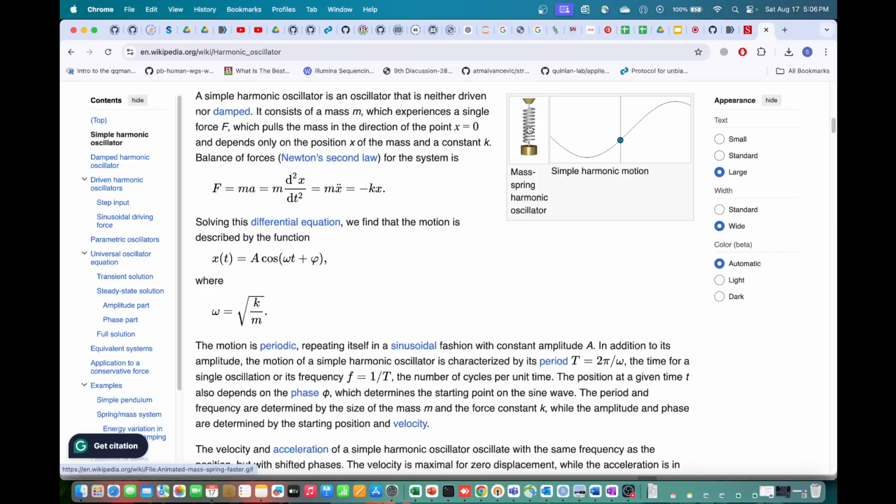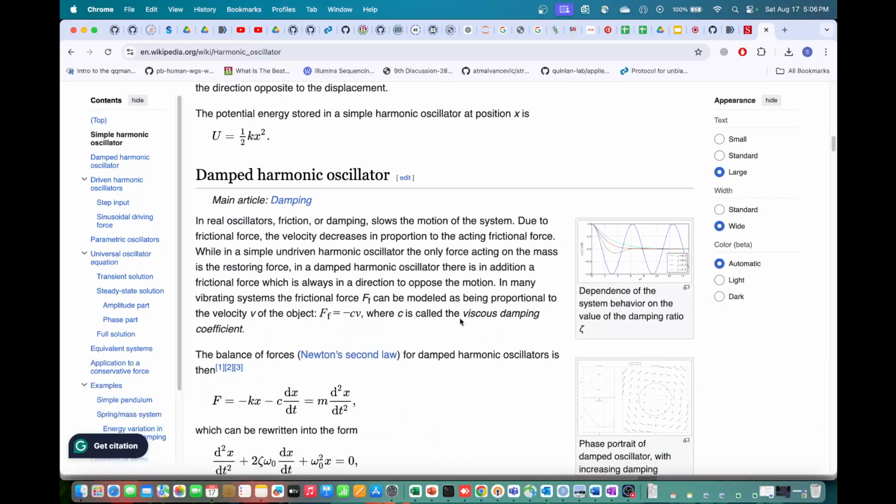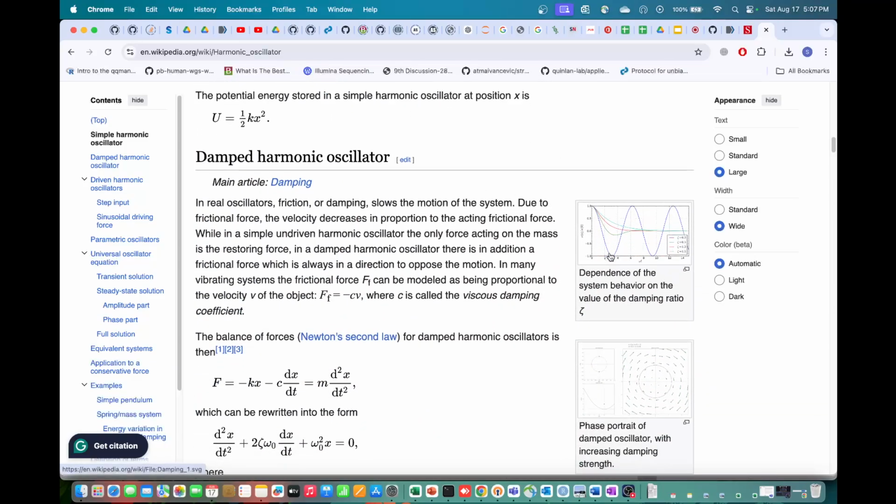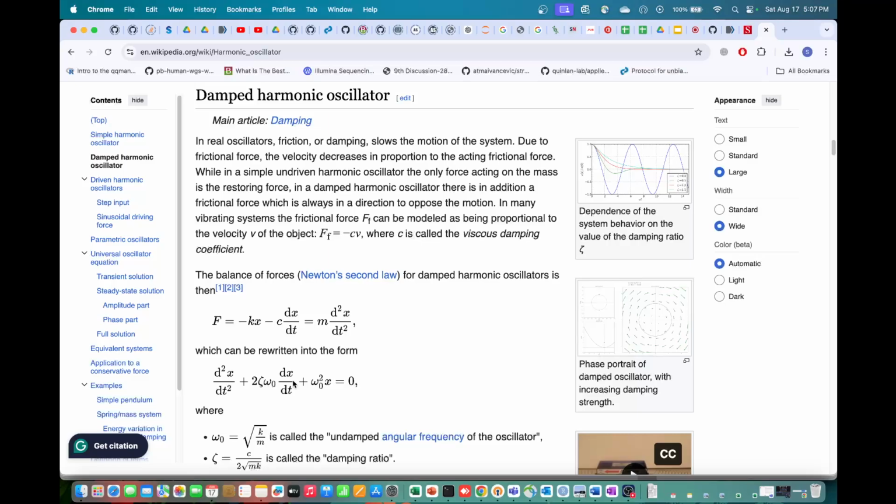If your spring provides a force opposite to the direction of your oscillation, it will create damping. This is how the damped oscillator will look. You'll have F equal to minus kx, and also another term which tells you about the damping of the simple harmonic motion, which is given by this linear term.